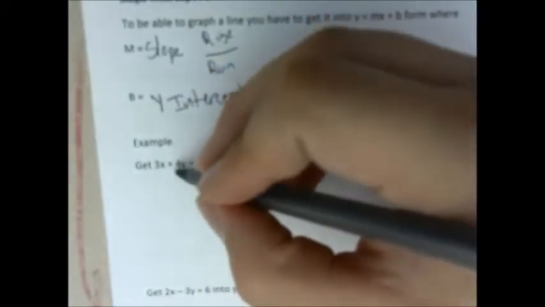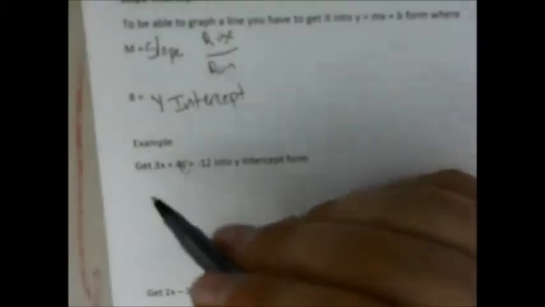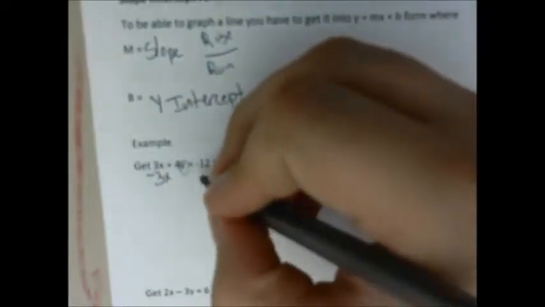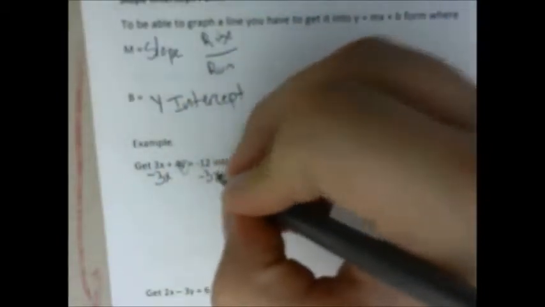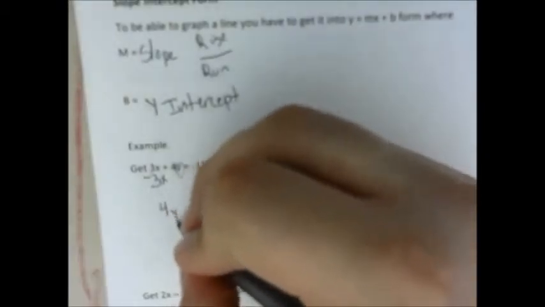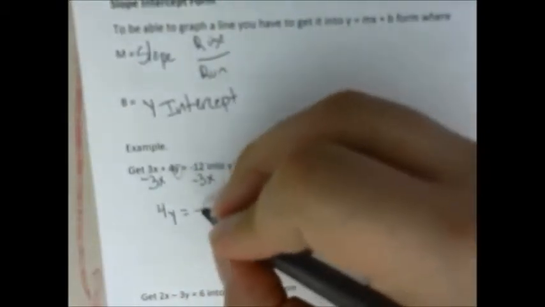So first thing we're going to do is we have 3x and we have 4y. Well, we're trying to get this y by itself. So what we want to do first is get rid of the 3x. It's a positive 3x, so we subtract 3x from both sides. Okay? So right now we have 4y on the left side equals negative 12 minus 3x.